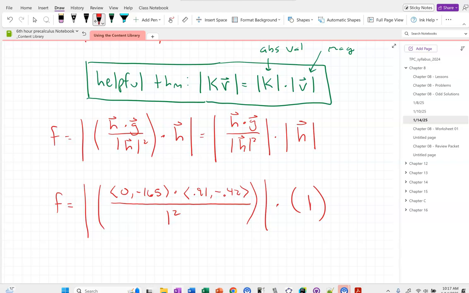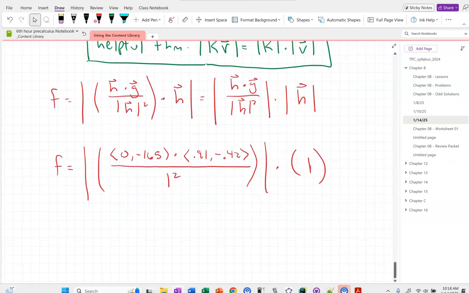That's pretty rad, though, that I didn't actually have to compute the magnitude of h. In fact, I don't have to do a magnitude calculation anywhere in here. Since all those magnitudes are just 1, I don't have to do the scalar multiplication, then do the magnitude. Ooh, what a nice little shortcut. Thanks, helpful theorem. So really my force is just the absolute value of this dot product, right?